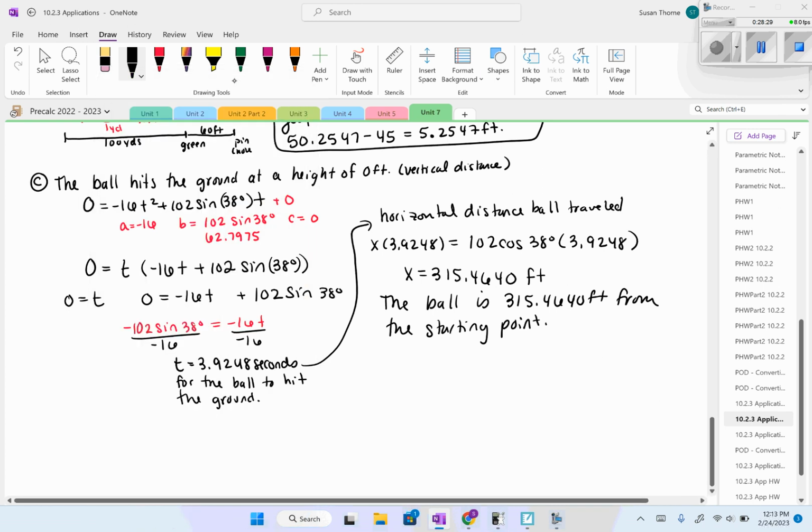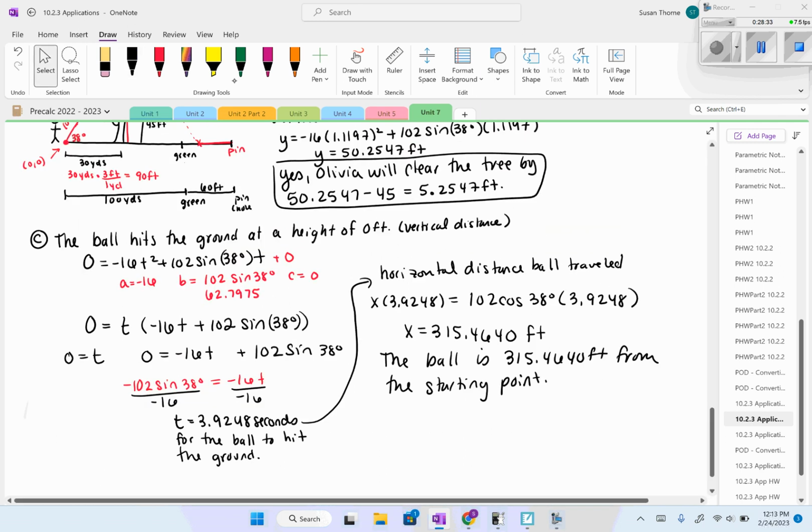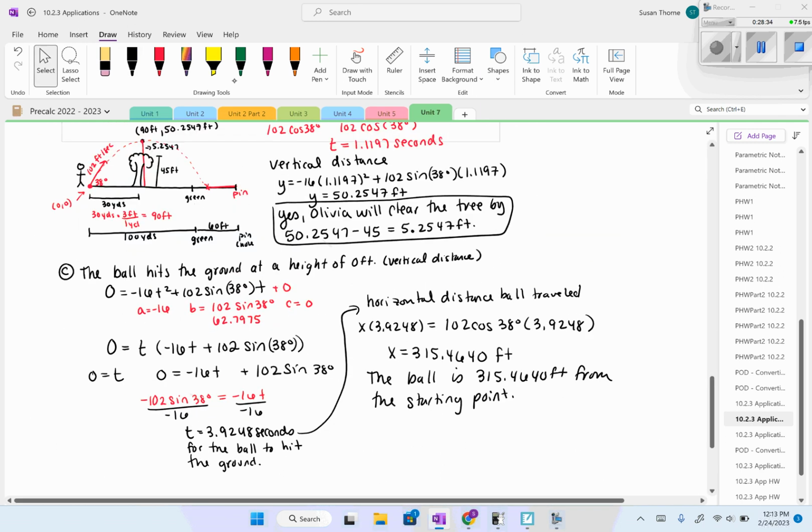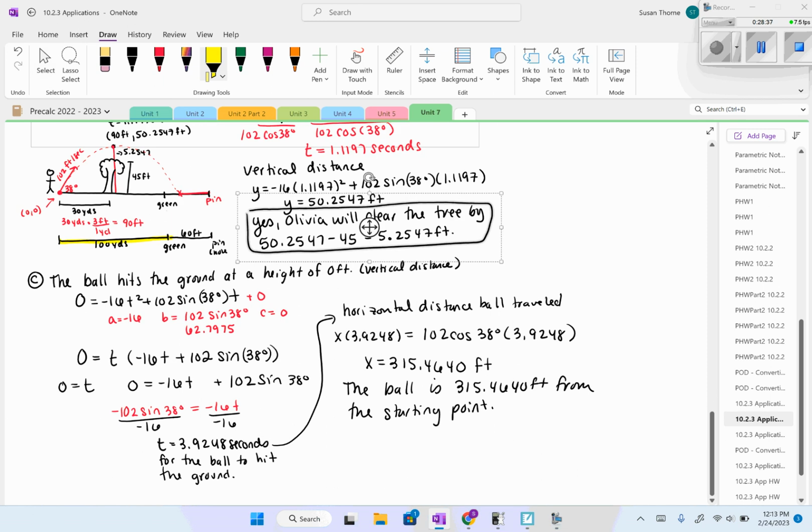And so now we need to figure out how far we are from the pin. Remember, we need to do some conversions here, because if you look back at our picture, we said that we were 100 yards from the green. So 100 times 3 would give us 300 feet.